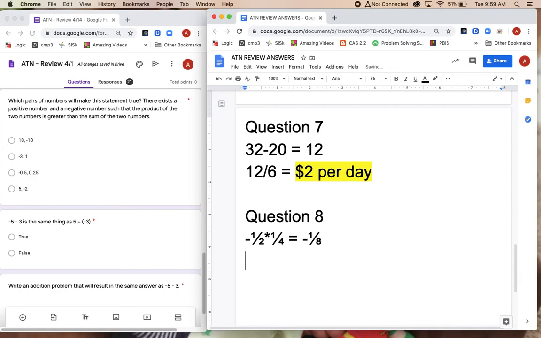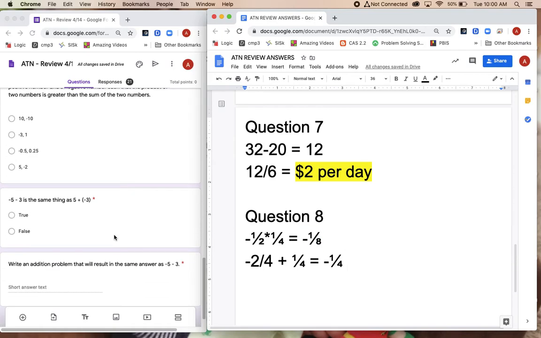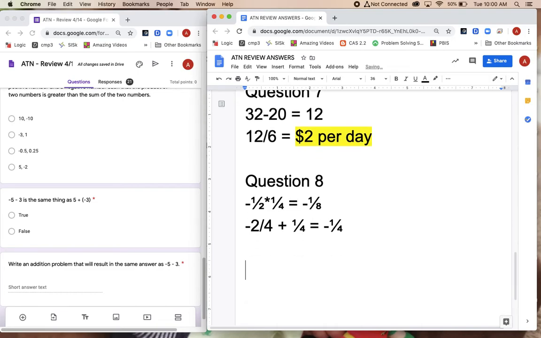And if I add them together, I have to get common denominators, so negative 2/4 plus 1/4 is negative 1/4. And so negative 1/8 is closer to 0 than negative 1/4. So thus your product is bigger. And that's the only one where that happens. Feel free to check out the other ones. You should be able to do that quick multiplication to show that the other ones don't work. So by process of elimination, you should have chosen the fractions.